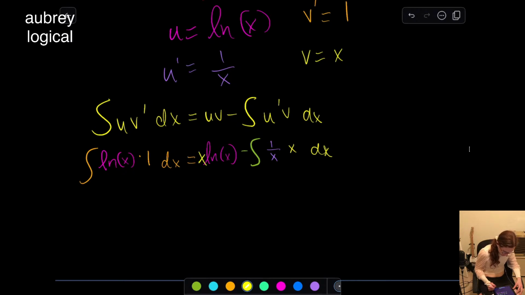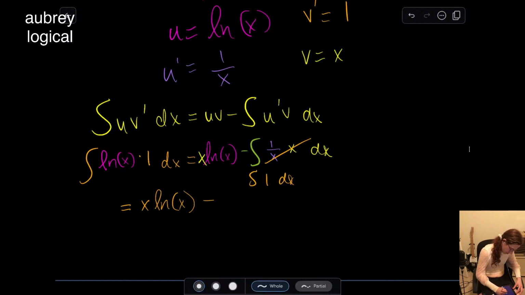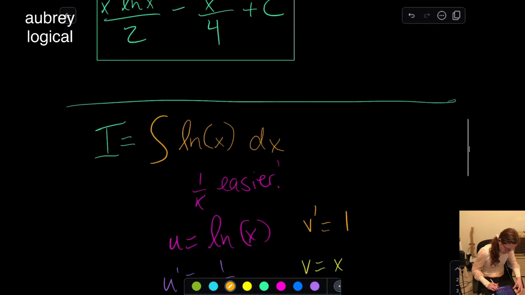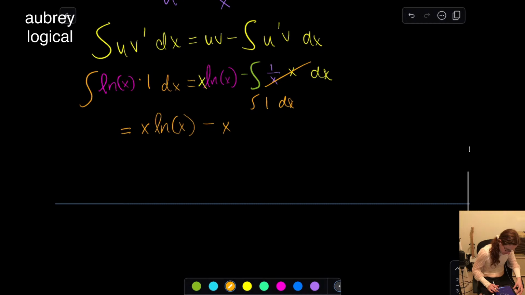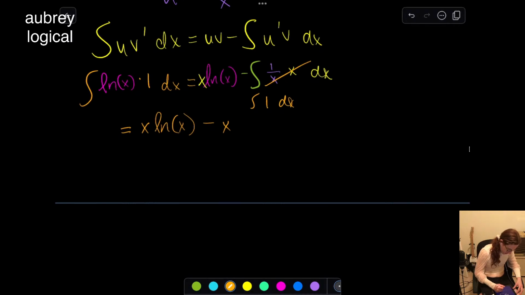Okay, so this cancels, simplifying to the antiderivative of 1 dx. 1 dx becomes x, and then we add our constant.